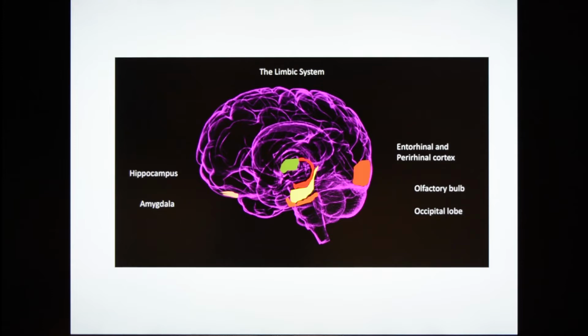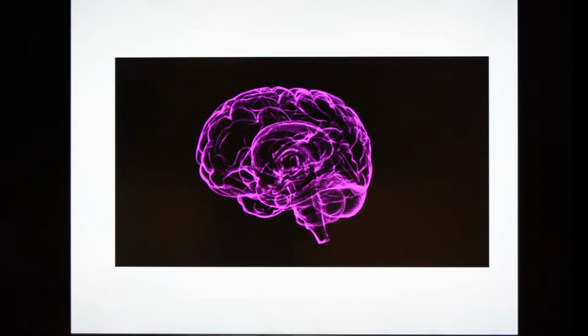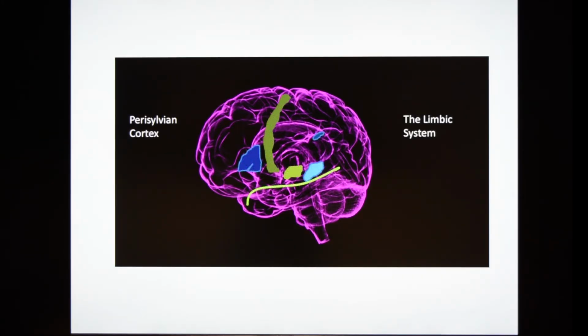Nestled in the brain, the thalamus is also part of the system, transmitting sensory and motor signals, thereby providing an important link between the limbic system and the perisylvian cortex. We can see how active the brain is when processing language. Language faculties, memory faculties, the senses and cortices are all connected, exchanging information.